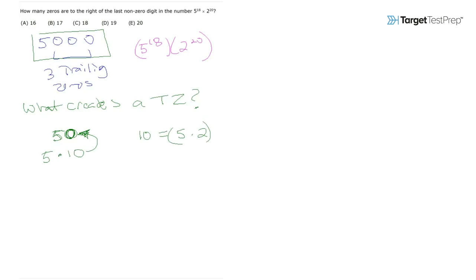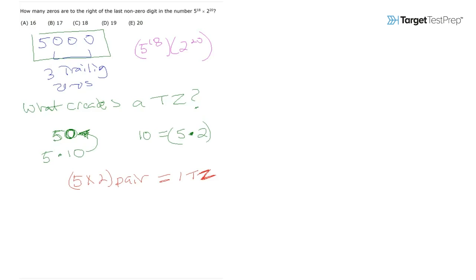So there you have it. That's what creates a trailing zero, right? It's the multiplication of a 5 and a 2. With that, I'm going to call this, just my terminology, a 5 by 2 pair. Each 5 by 2 pair is good for one trailing zero.